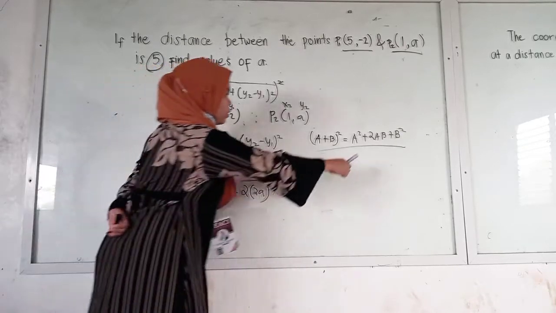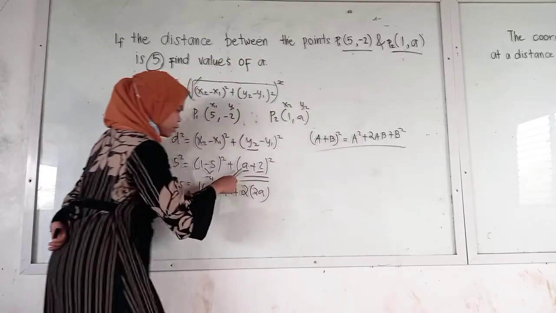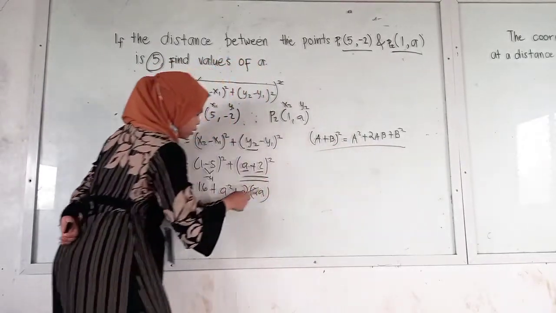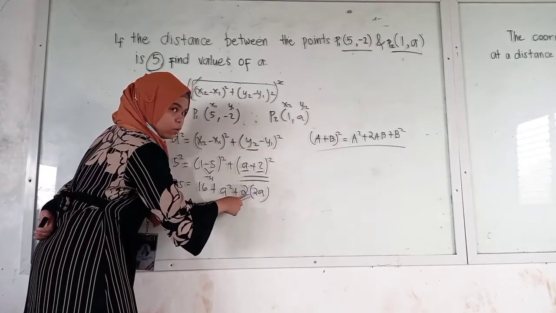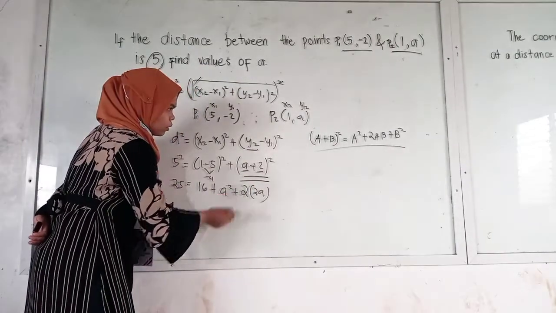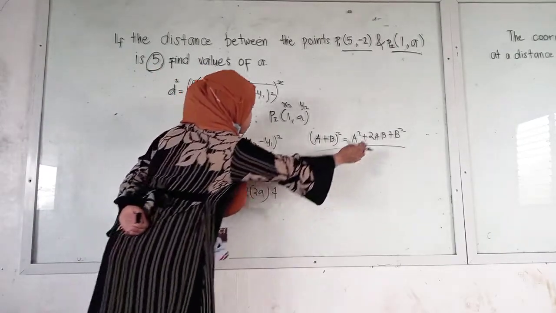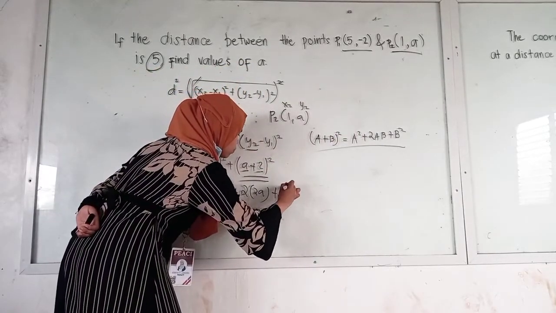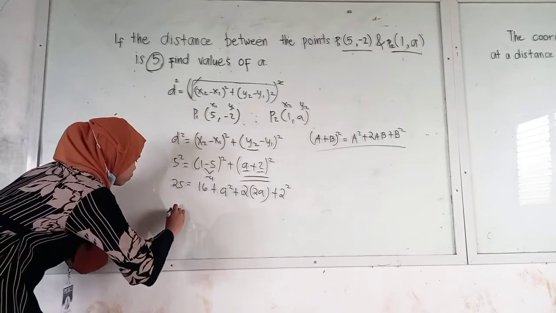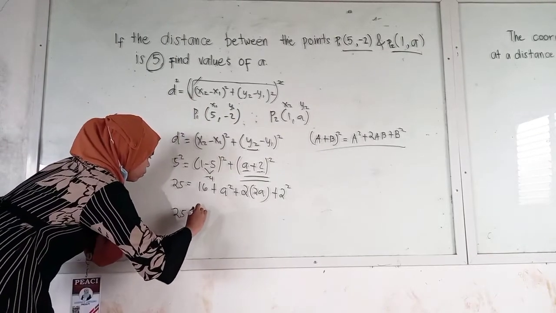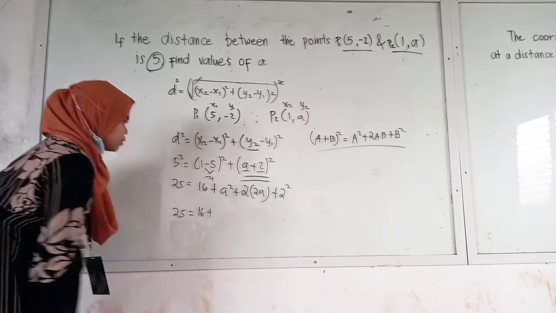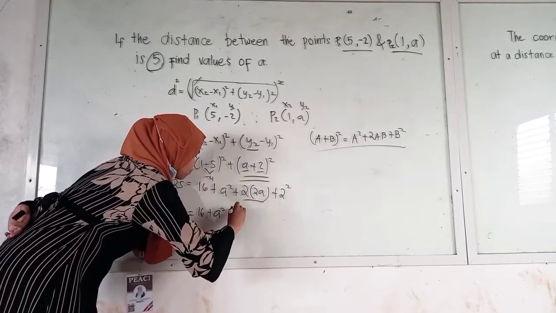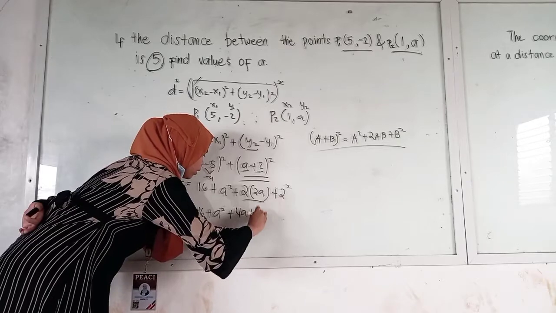Right? Because my A is the first term, and my B is the second term, which is 2. Then there is a constant here, 2, and then plus B squared. What is my B? I have 2 again and then squared. So this is equal to 25 equals 16 plus A squared plus 4A plus 4.